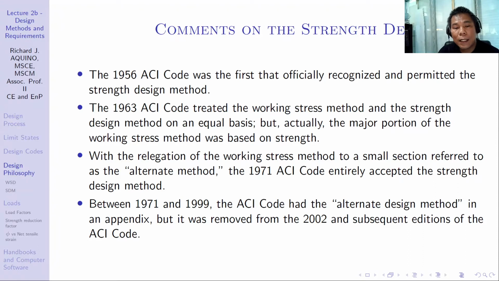With the relegation of the working stress method to a small section referred to as the alternate method, the 1971 ACI code entirely accepted the strength design method. Between 1971 and 1999, the ACI code had the alternate design method in an appendix, that is the WSD, but it was removed from the 2002 and subsequent editions of the ACI code.